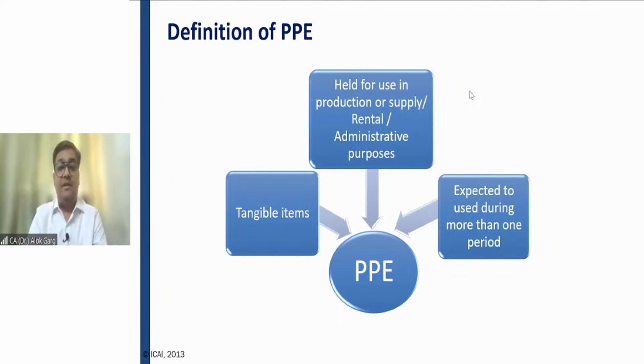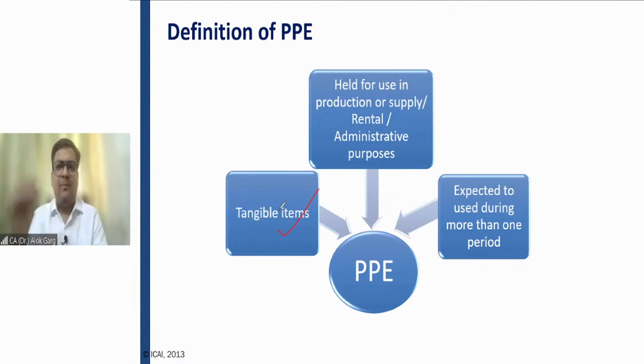Let's check the three conditions of this building, right? Number one, whether it is PPE or not. PPE should be a tangible item. Whether building is a tangible item, answer is yes. Number two, that asset should be held for use in the production.